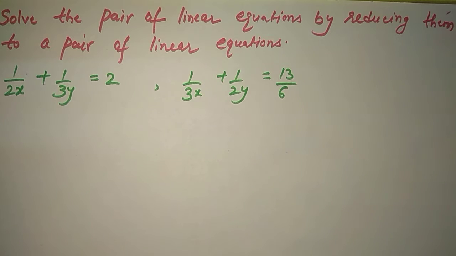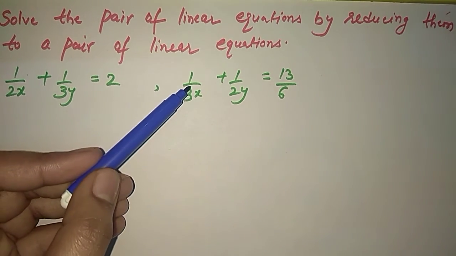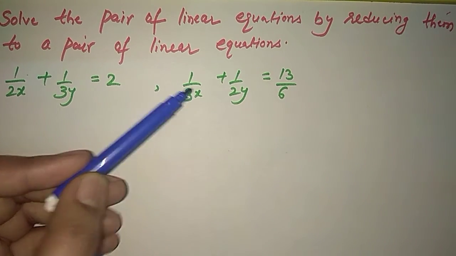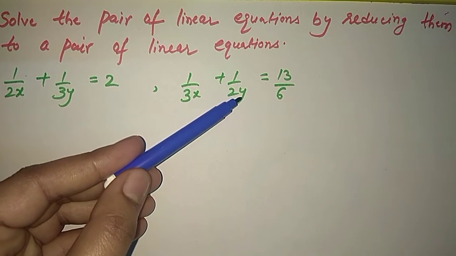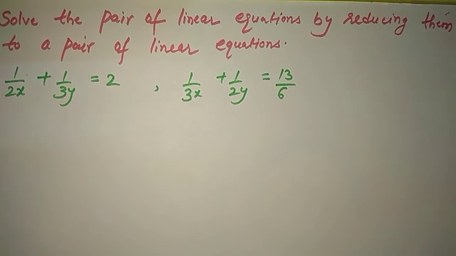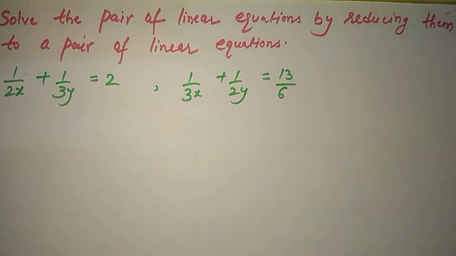In this, we first have to let some variables. Now see, here we have 1 upon x and here also we have 1 upon x. Here we have 1 upon y and here also we have 1 upon y. So it seems difficult to solve this equation as it is.